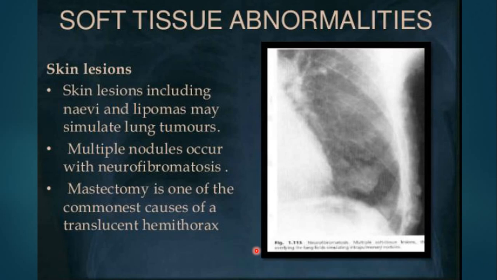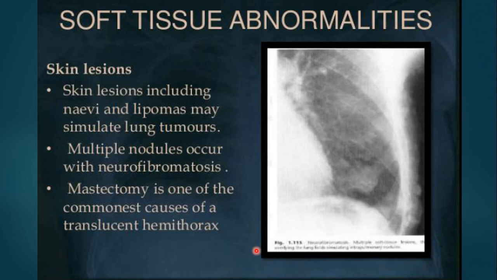Now, after we check the bones, let's move to the soft tissues, the chest wall muscles and the subcutaneous tissues. Skin lesions can cause some densities on the chest X-ray, like nevi and lipomas, and may simulate lung tumors.